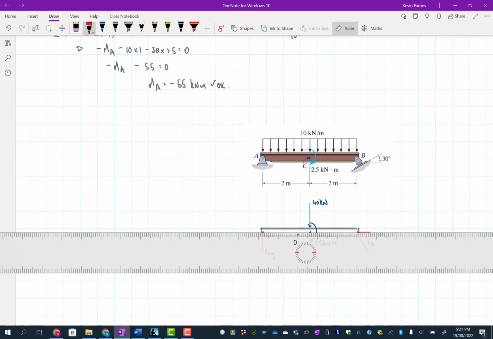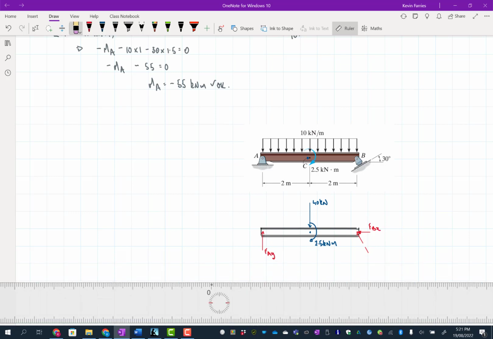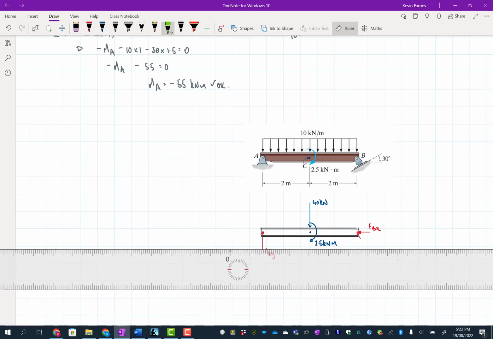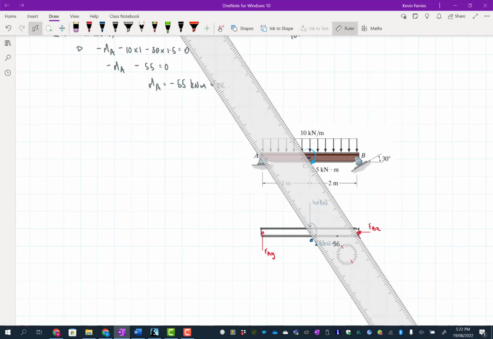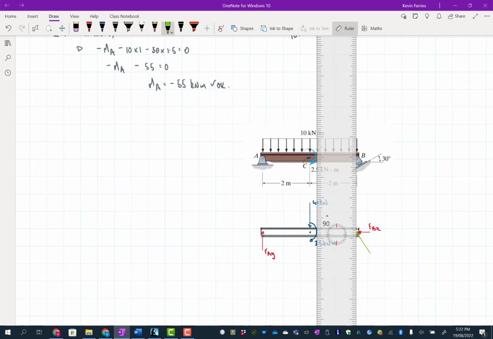So we're going to have an FBX. I'm just going to get rid of this actually, because I'm going to replace it with its X and Y components. Might not be a good idea. I'm just thinking ahead to what we're going to have to do here. So we might have to use this, so I'm just going to leave it on in a different color. I'm going to do that in green. Hopefully you can see that okay.